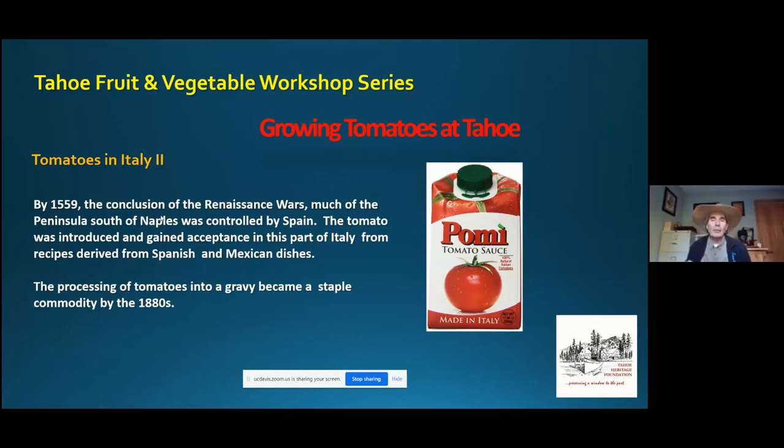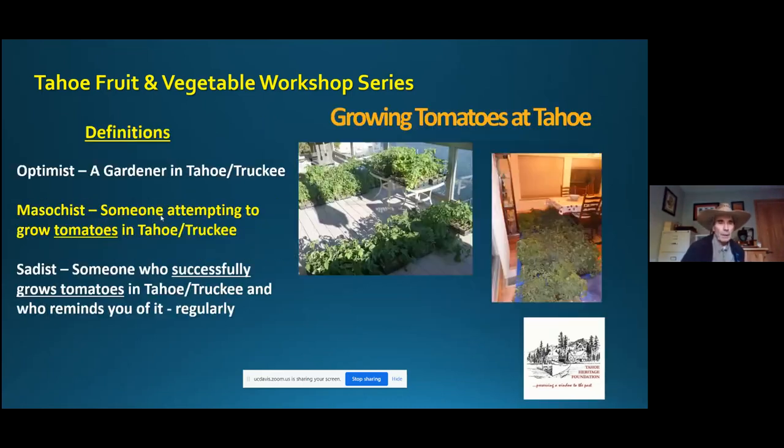Because of that, many of the Spanish recipes, including those involving tomatoes, were brought to that portion of Italy, incorporated into Italian dishes. And as a consequence, that Southern Italian tomato sauce became a staple commodity by the 1800s, and is why Italy exports more processed tomatoes than any other country in the world.